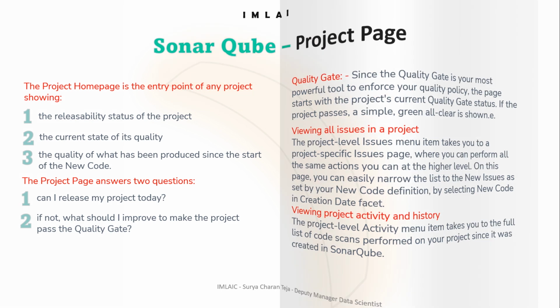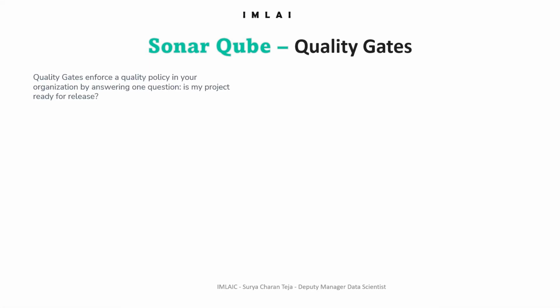Now let's deep dive into quality gates. We know what a quality gate is, but what's the main purpose of a quality gate and how can we get more benefit out of it? Quality gates enforce a quality policy in our organization by answering one question: is my project ready for release?